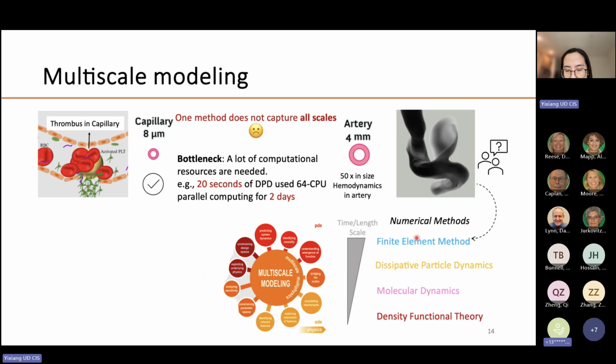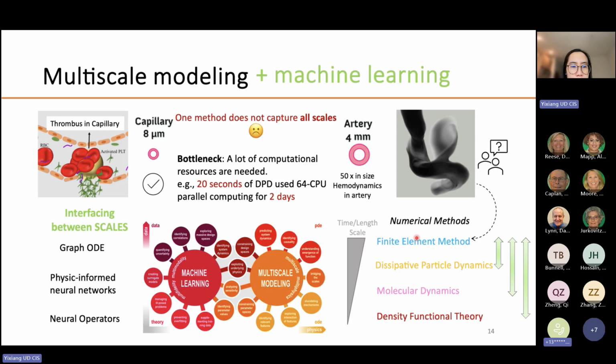Machine learning can help mitigate these challenges by interfacing between different time scales, with some noticeable attempts in the past.